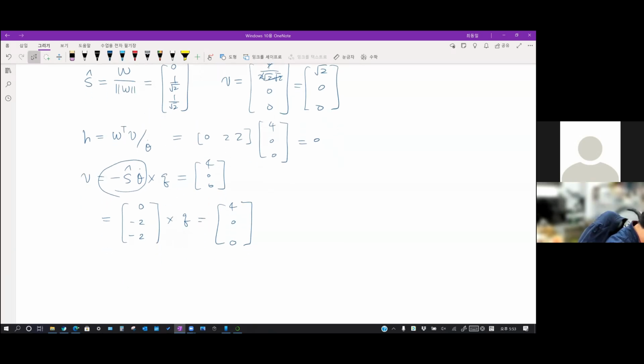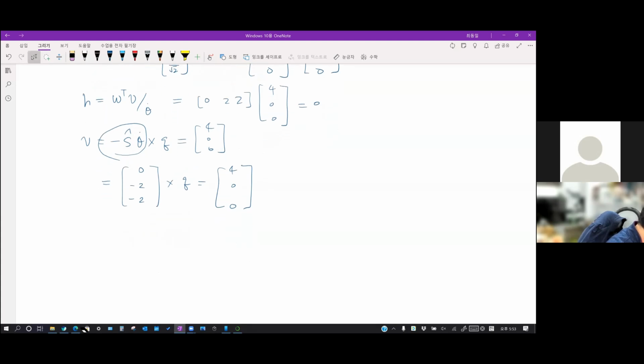Okay, to find Q, we need to calculate some equations. If we define Q as AI, BJ, CK, then we can find minus 2J plus minus 2K cross product AI, BJ, CK.